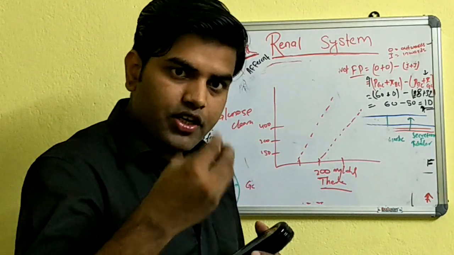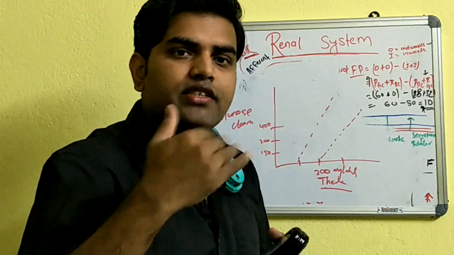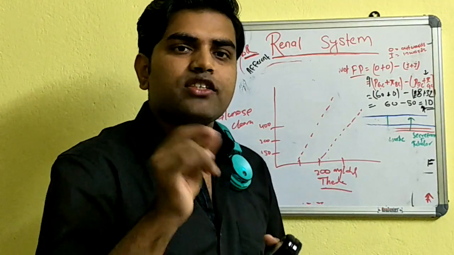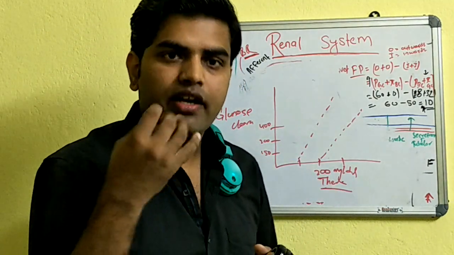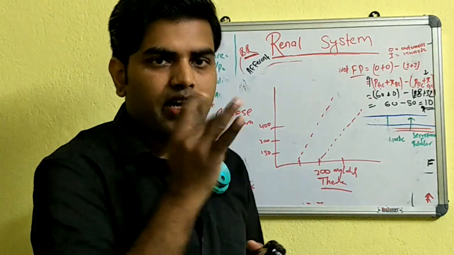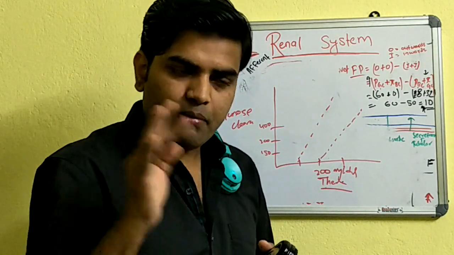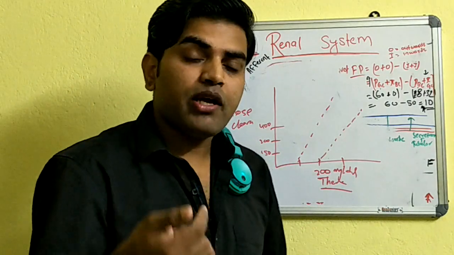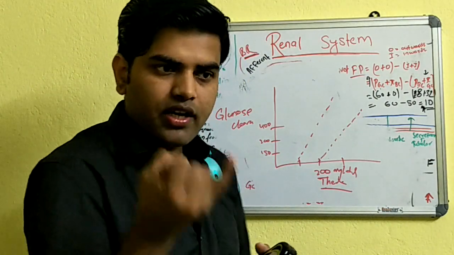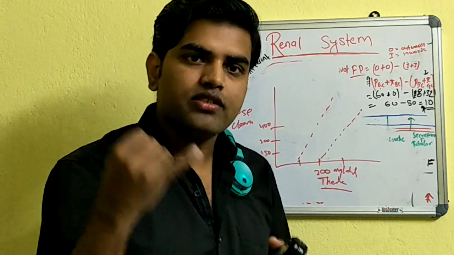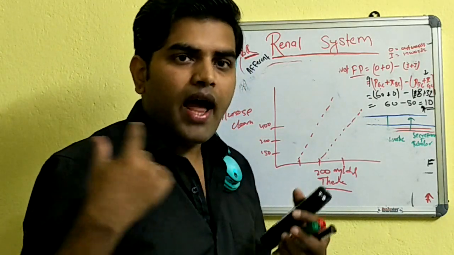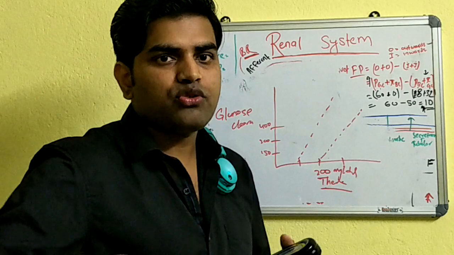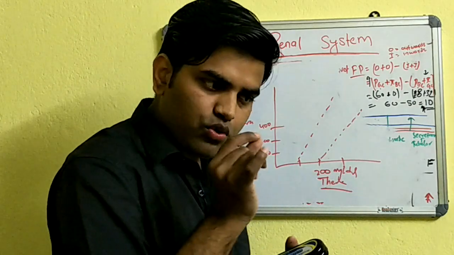So after 200, it will start to be excreted through the kidney, and that is known as glycosuria. There is renal glycosuria, alimentary glycosuria, and diabetes mellitus. In pregnancy there will be a reduction of this threshold, due to which there may be glycosuria. Renal glycosuria is due to renal disease, where the threshold has decreased, and you have normal blood sugar but also have glucose in the urine.